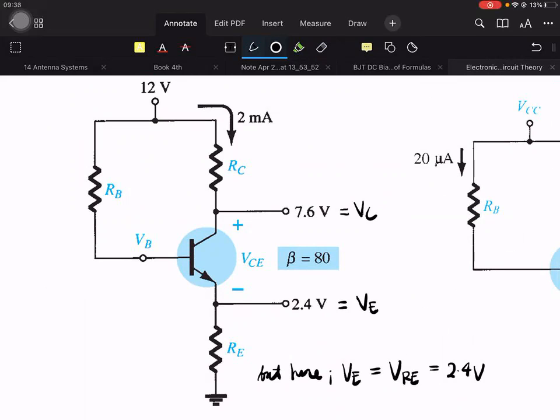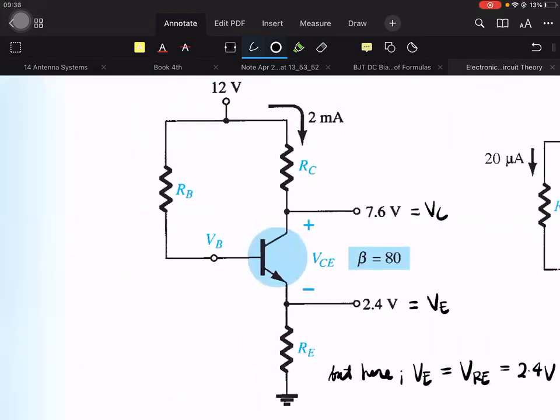Okay, so I think you have some idea on how to solve this one, especially since IC is already given. IC is 2 milliamperes. Once one of the currents is given, we can solve all the other two currents.